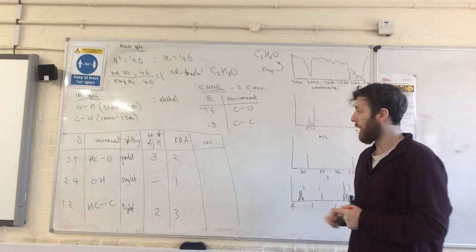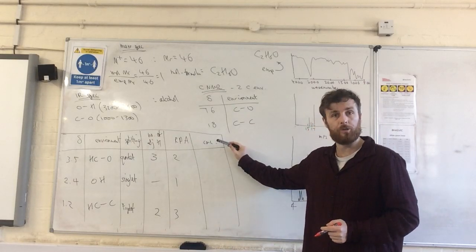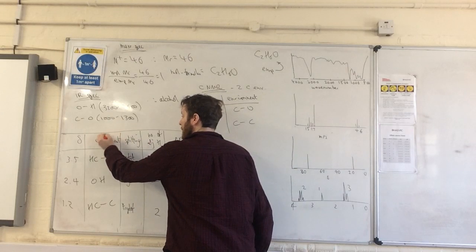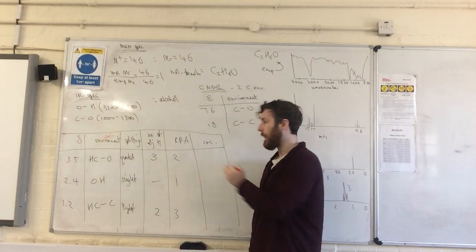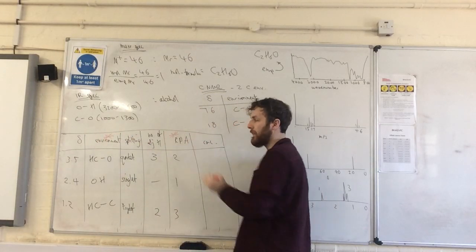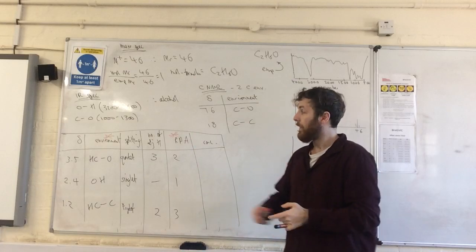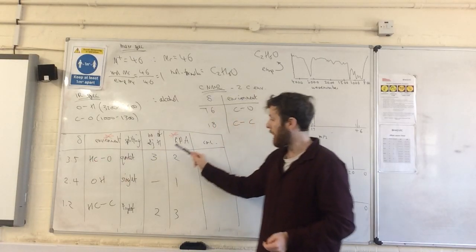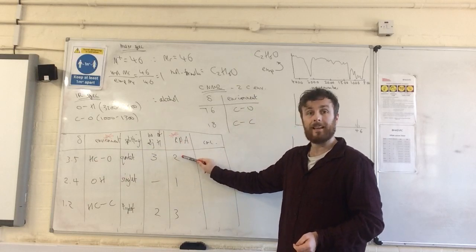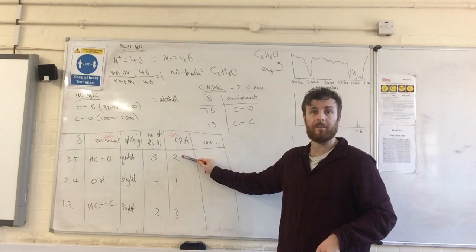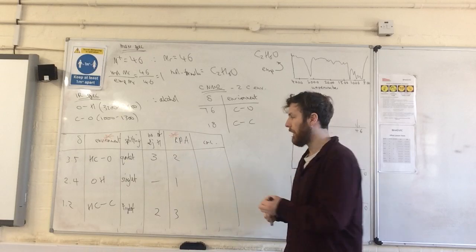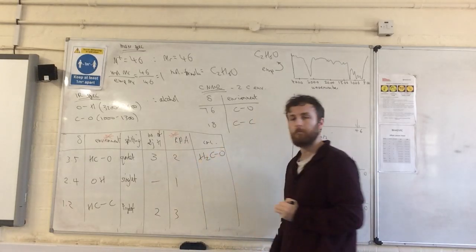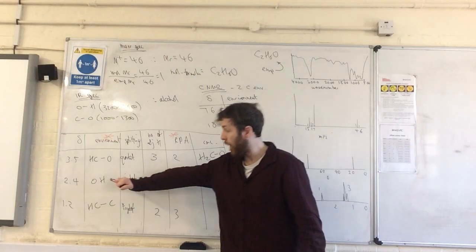This is what makes this table really work. First of all, we're going to fill in our conclusion column. Now, that is a combination of the environment column and the relative peak area column. The environment is a H to C to O. My relative peak area tells me I have 2 hydrogens in that environment, so that must be a H2C to O. I have an OH.